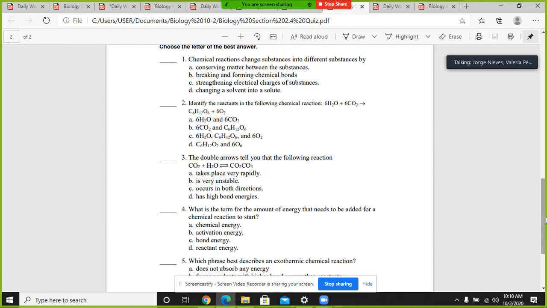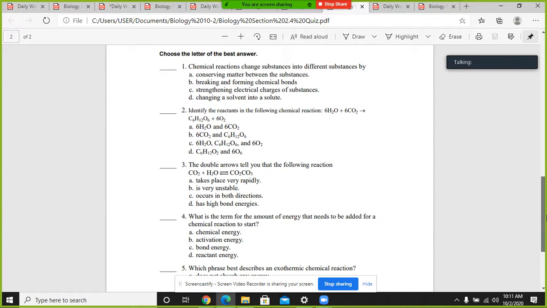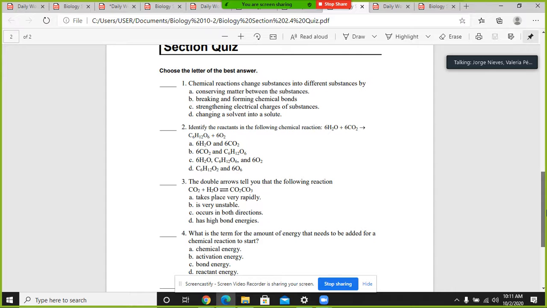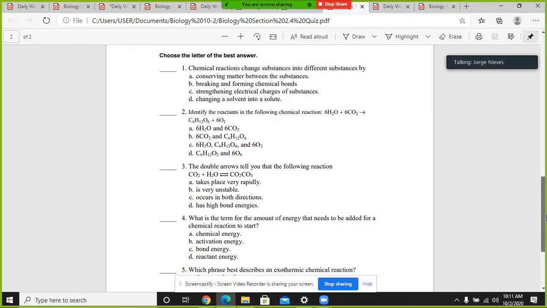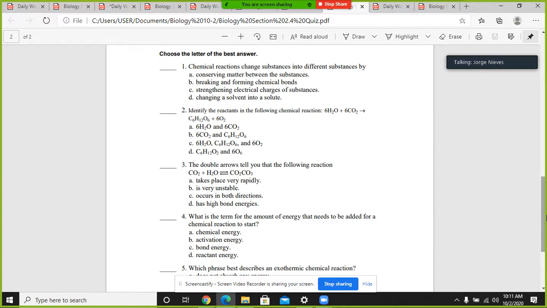Okay. The answer, ¿cómo? Este es el quiz de la sección 2.4. Sí, es que no los voy a dar, yo lo dije al principio. Es la B, exacto. Breaking and forming chemical bonds. Okay. Perfecto.